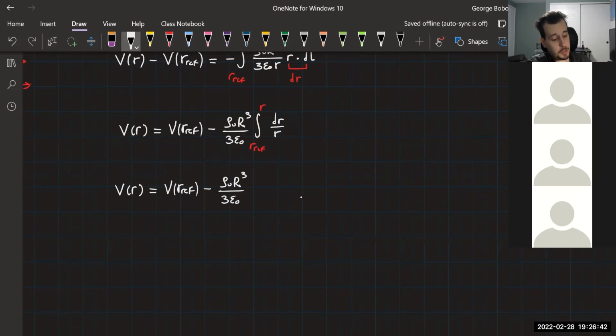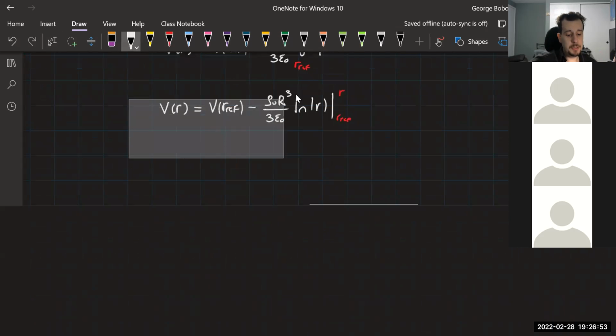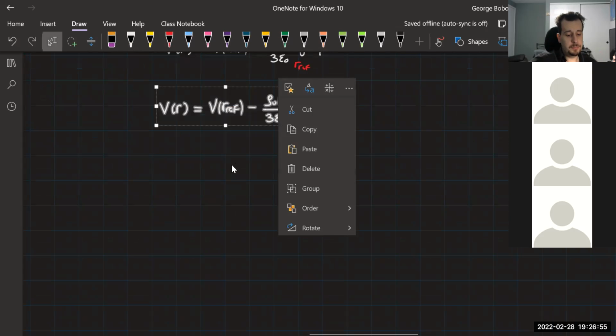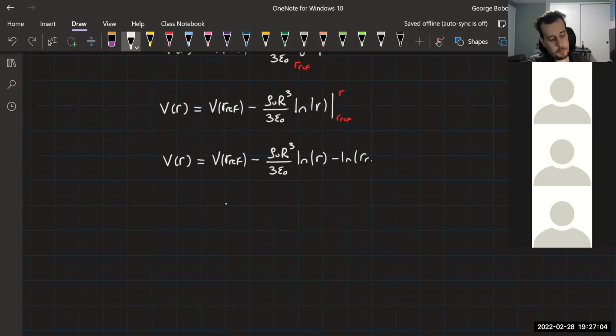Yes. Okay. We're evaluating it between some r reference, r ref, to r. And so you see the only thing that happens here, I can put everything in. We got ln of r minus ln of r ref.